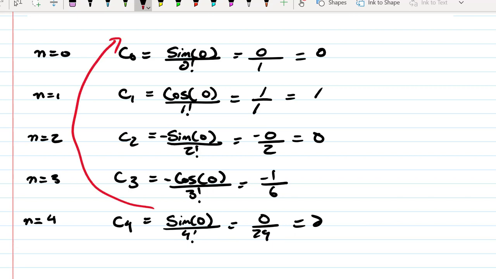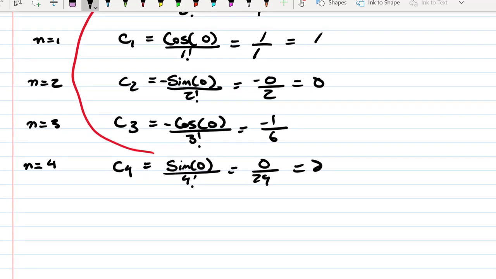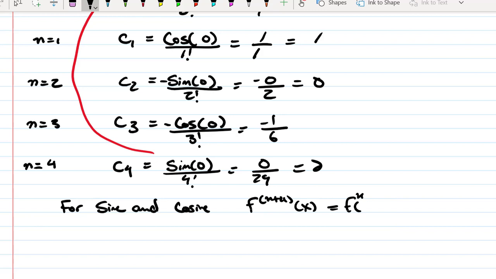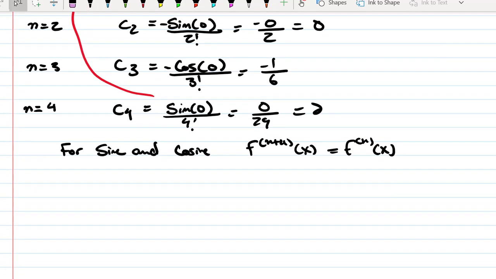And we have the property that for sine and cosine, the n plus 4 derivative of x is equal to the nth derivative. So every 4 derivatives, it cycles. So we're going to get back to what we had.